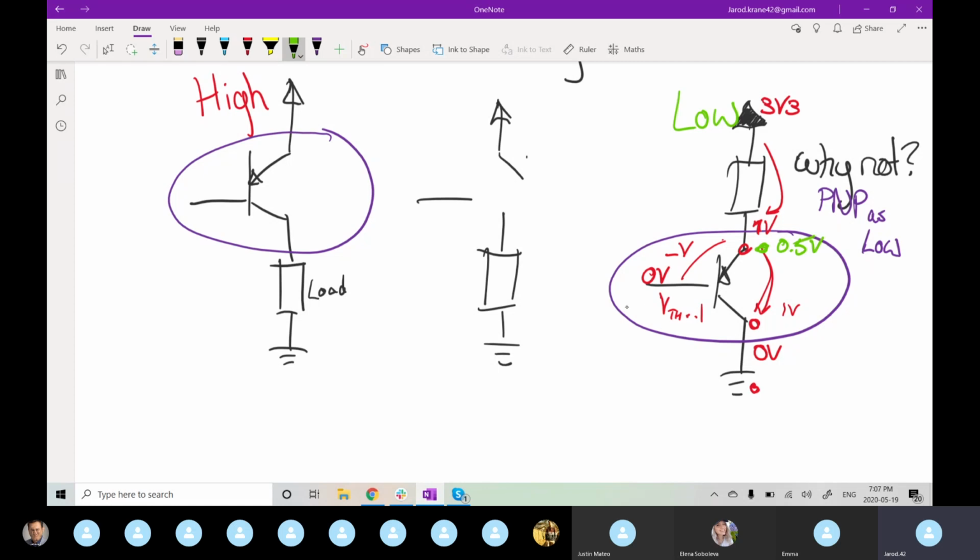In that case, we would need to apply minus 0.2 or whatever is remaining to make up the voltage threshold, but we would have to apply a negative voltage, which is much more difficult to do instead of just applying ground, a 0 volt.